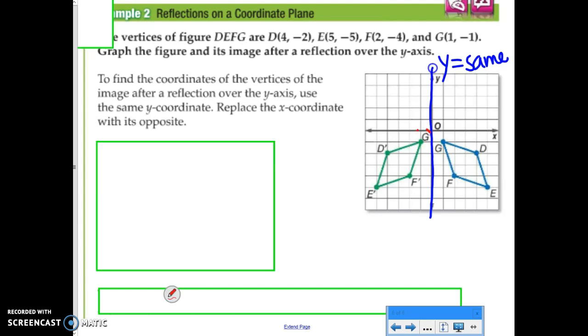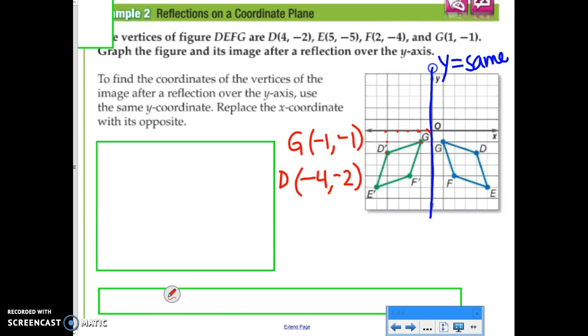So point G, I'm moving to the left 1, and I'm moving down 1. So point G over here is (-1, -1). Over here at D, I move 1, 2, 3, 4 to the left. This would be point D, and down 1, 2. Down would be negative.